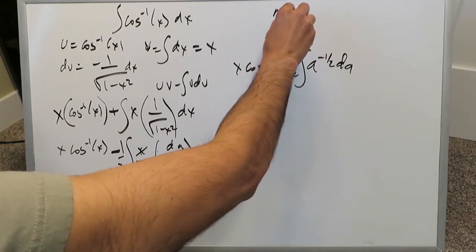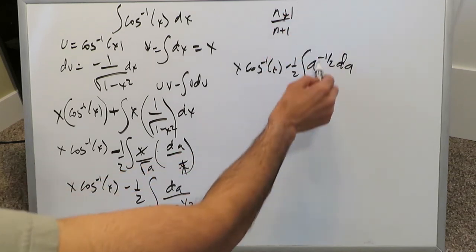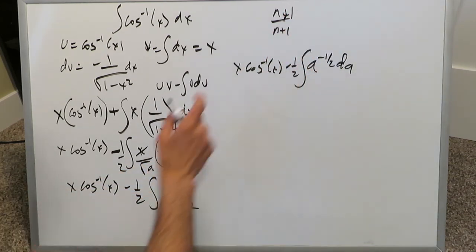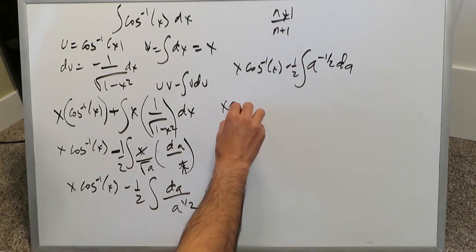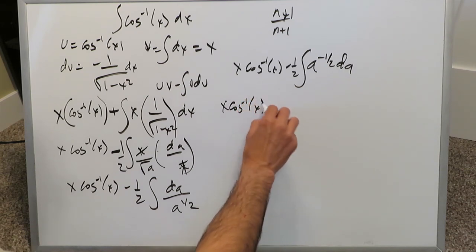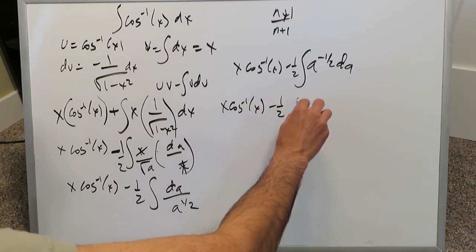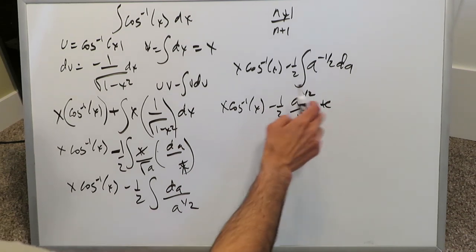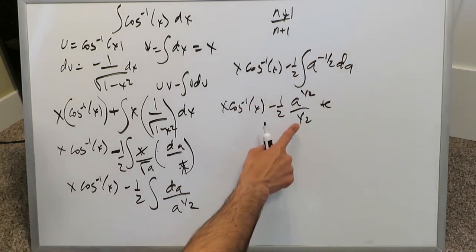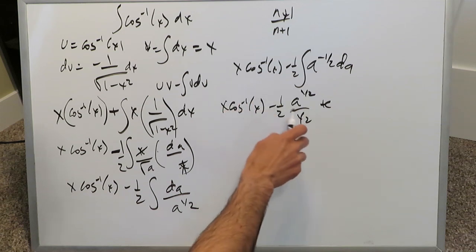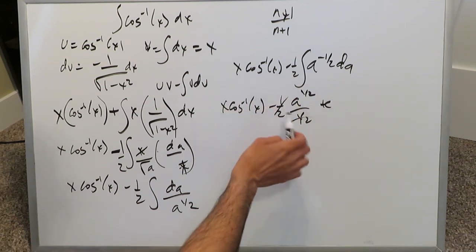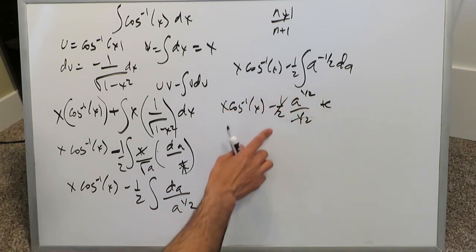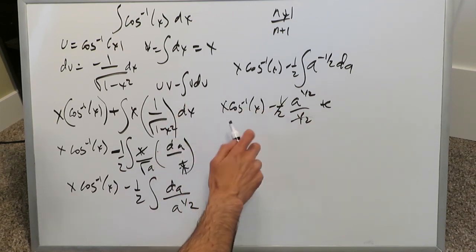You have to do n plus 1 over n plus 1 for this monomial over here. It's not hard. You get x inverse cosine x minus 1 over 2 times a to the 1 over 2, over 1 over 2, plus c. This minus 1 over 2 plus 1 divided by minus 1 over 2 plus 1 will give you that. This 1 over 2 and this 1 over 2 will cancel out because this flips and becomes 2 over 1, multiplies with 1 over 2 and they cancel out.